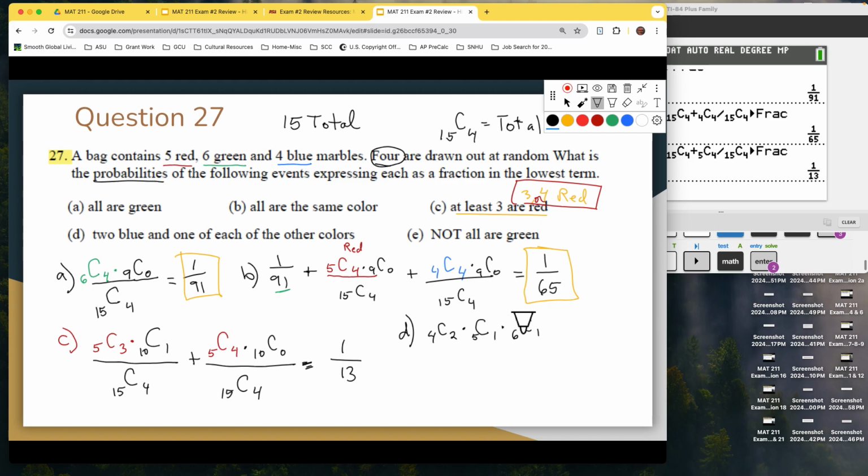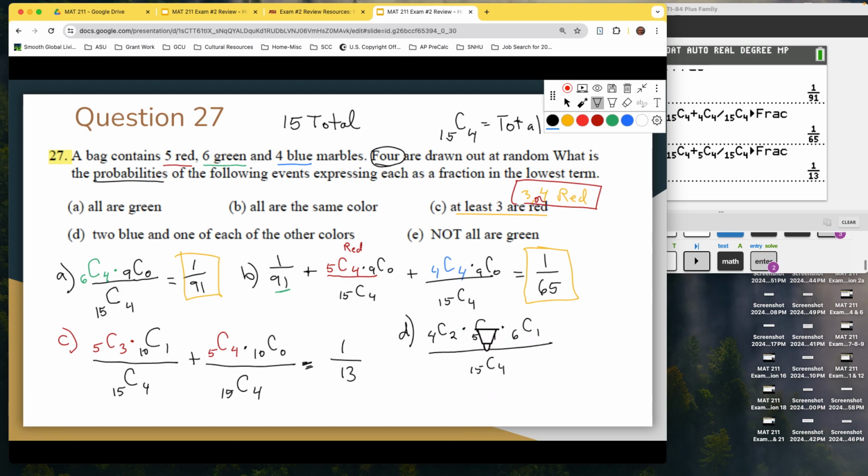And actually this gives us 5. This gives us 6. 5 times 6 is 30. 2 choose 11, I think, is something different, because that would include getting 2 red or 2. Anyway, this is exactly what they want. 1 of each of the other colors divided by 15 choose 4.